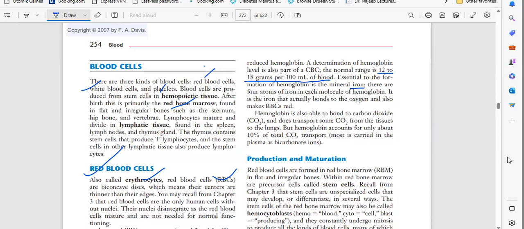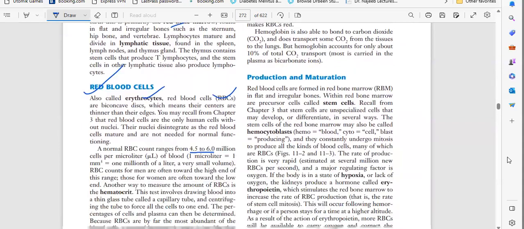Only 10 to 20% of carbon dioxide is carried and thrown away from the body through systemic circulation to the lungs. But mostly, 80 to 90% of carbon dioxide is transported as bicarbonate ions. Okay, this is the thing we have to remember.